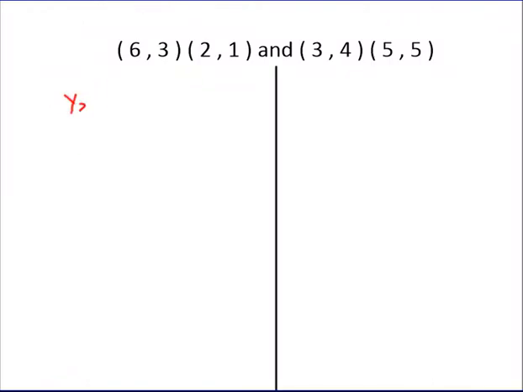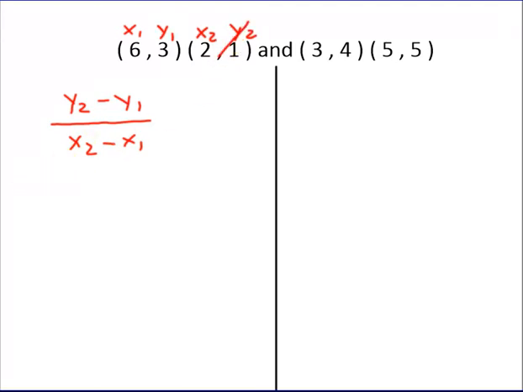I'm going to go ahead and write out the equation. y2 minus y1 over x2 minus x1. So I have my x2, my x1 and my x2, my y1 and my y2.